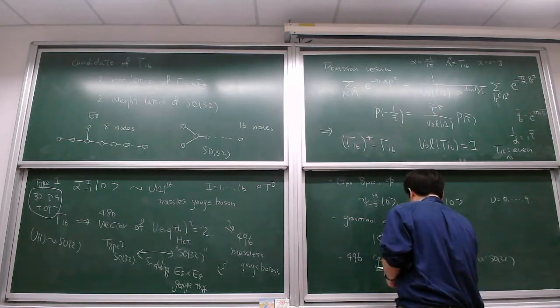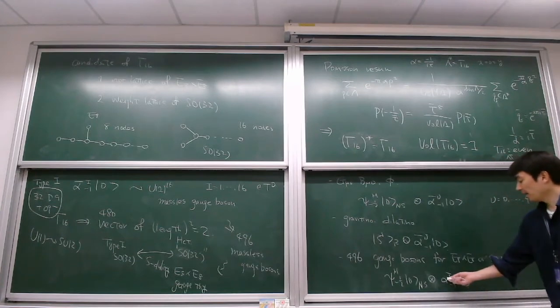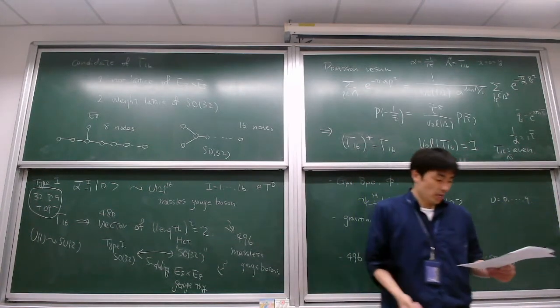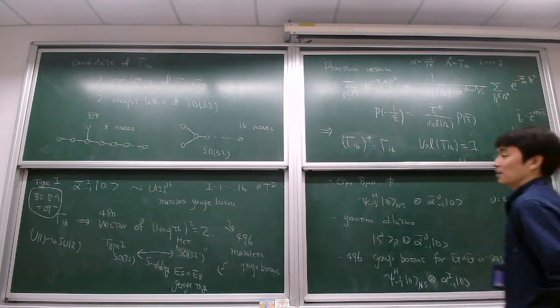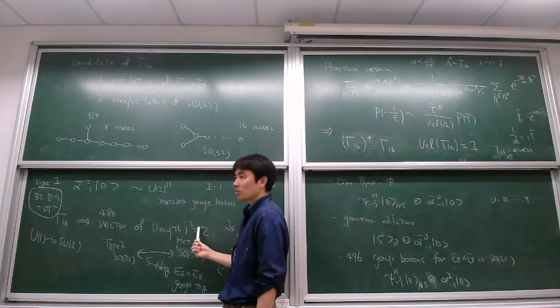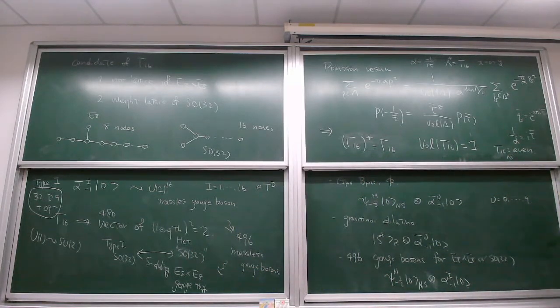Now i takes an internal value. So this i takes the internal value here. And that combined with the vector with lattice length squared equal to 2 will give you 496. Yeah, I didn't write it down.